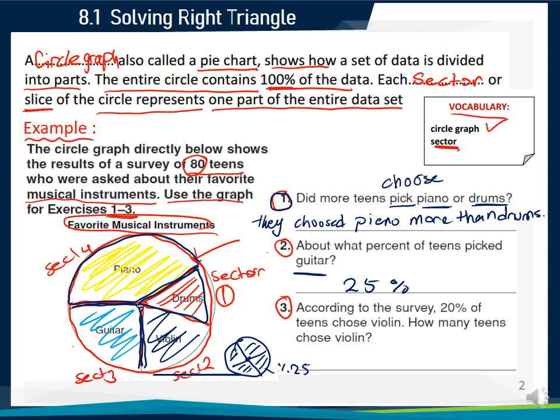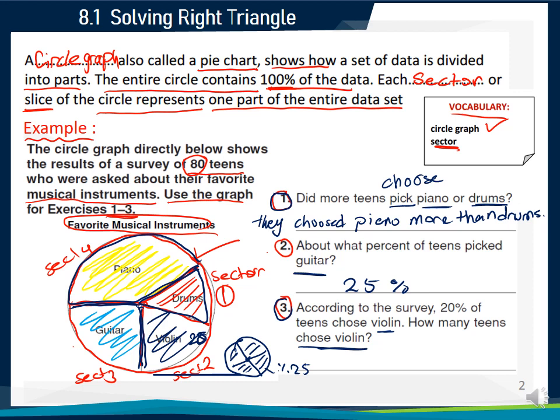Example 3. According to the survey, 20% of the teens chose violin. How many teens chose violin?